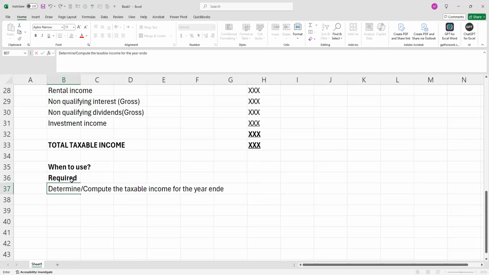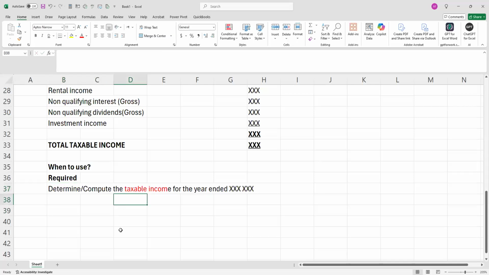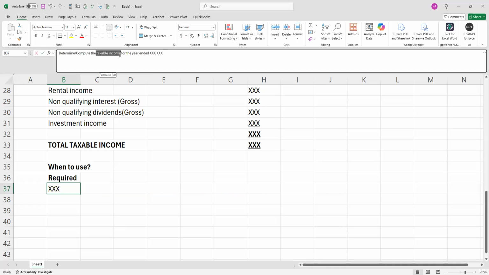for the year ended XXX. The key element is determine or compute the taxable income. You'll see the difference when we look at the other approach. So the key element here is determine what? The taxable income.